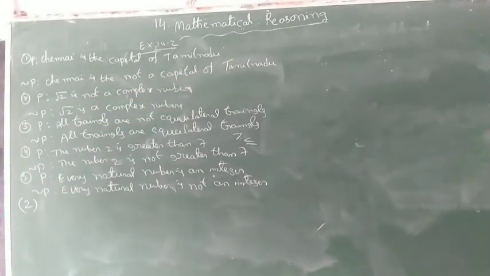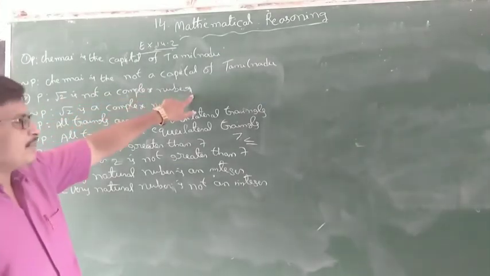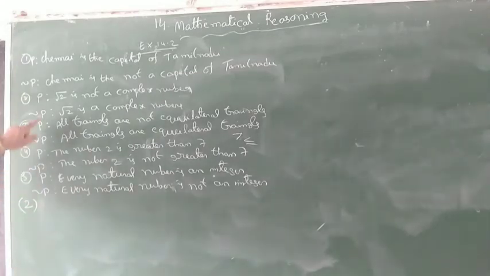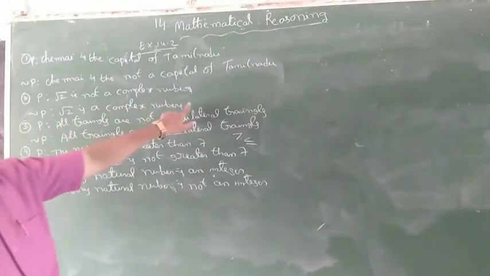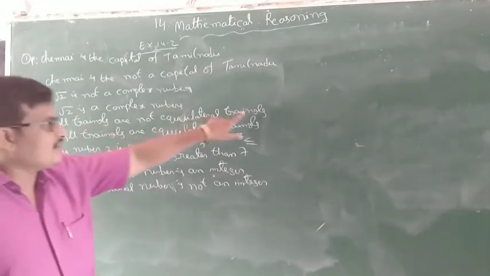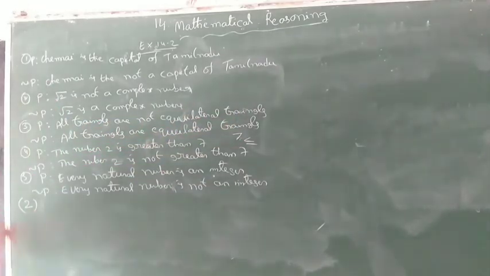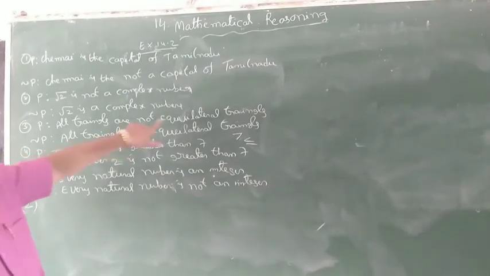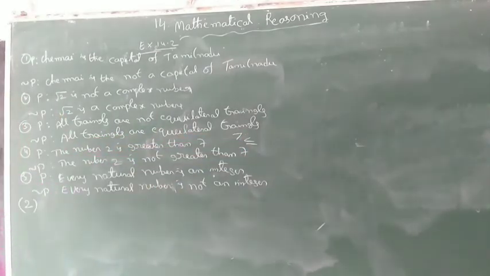Root 2 is not a complex number. Negation: Root 2 is a complex number. All triangles are not equilateral triangles. Negation: All triangles are equilateral triangles.